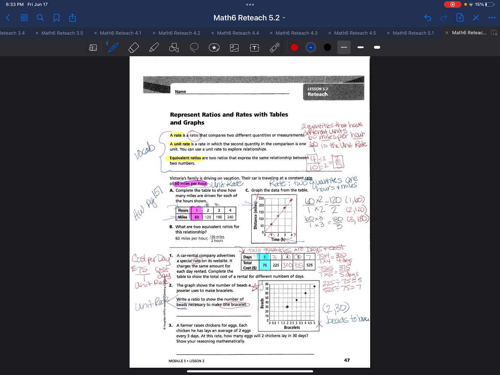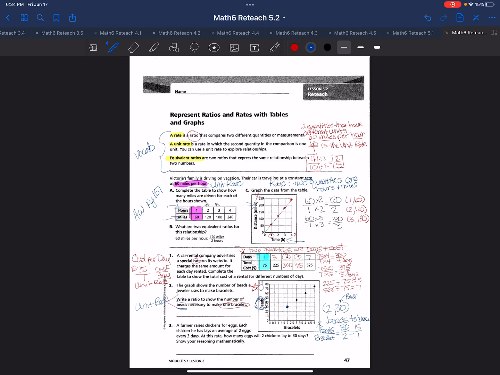So I'm going to write beads as a ratio to bracelet. So beads here is my Y. That's 30 over 2. And then I need to divide both by 2 to simplify it. And I get 15 over 1.